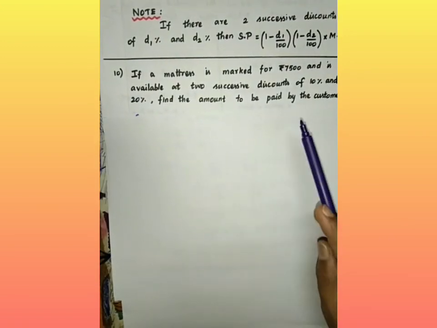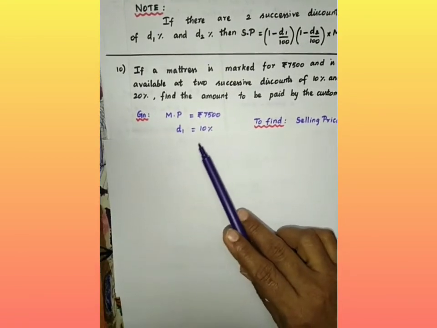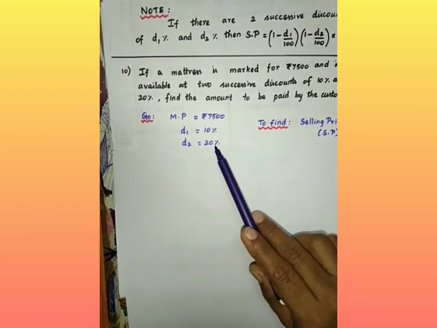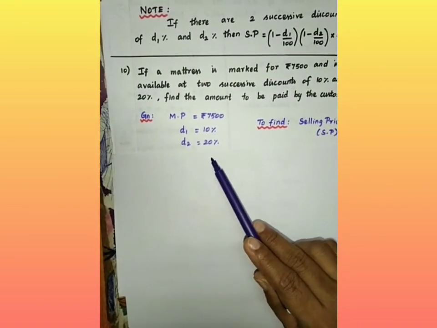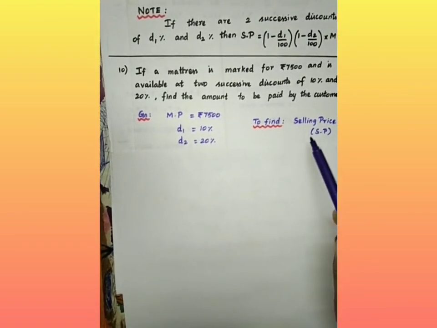That is, the selling price we are going to find. So given MP is rupees 7,500, the first discount is 10% and the second discount is 20%. To find the amount to be paid by the customer, that is the selling price.